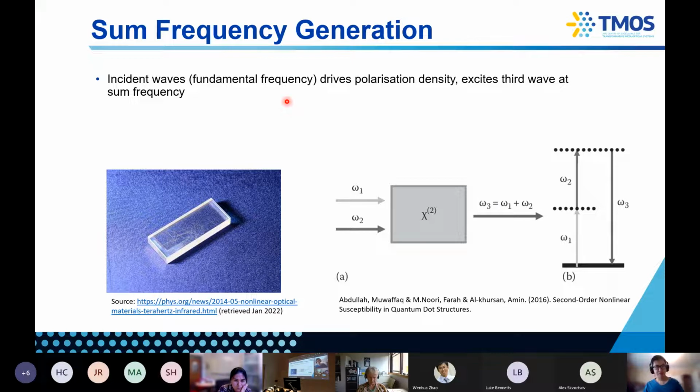In sum frequency generation, the incident waves, there are two, drive a polarization density inside the material, which excites a third wave. And the third wave has a simple relationship to the first two, which is the sum of the frequencies. And so the energy of the exiting photon is just the sum of the energies of the incoming photons.